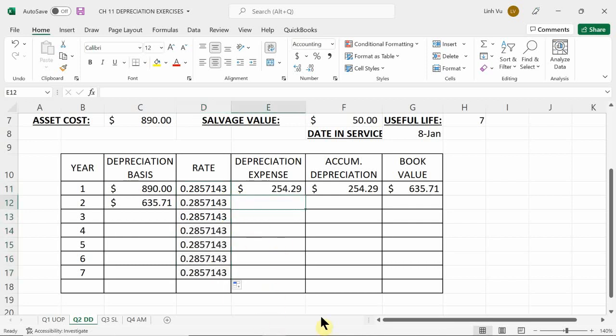So this time, what's my depreciation expense if my basis is different? 163.180, 163. Good.